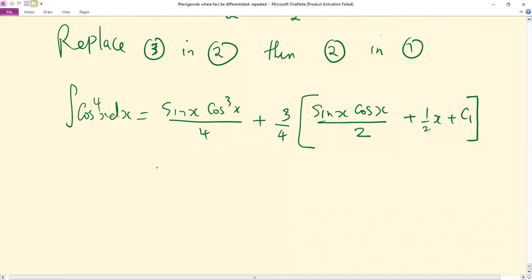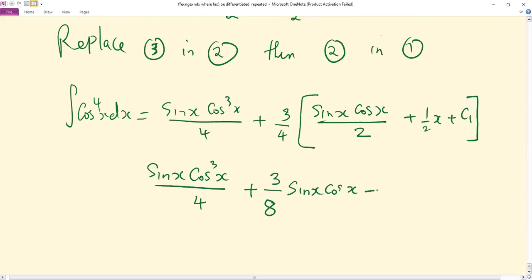This will be sine x cos cubed x divided by 4 plus 3 over 8 sine x cos x plus 3 over 8 x plus 3 over 4 c1.